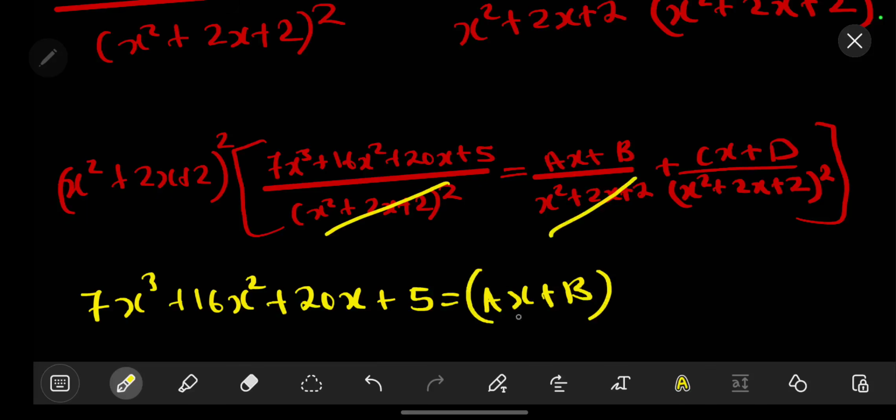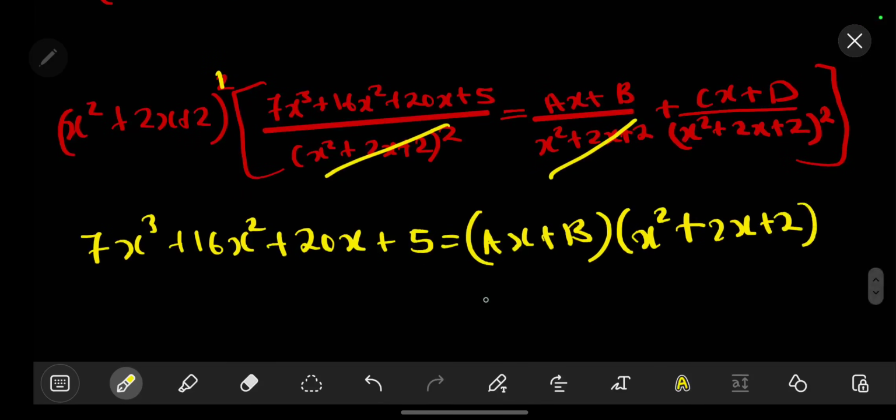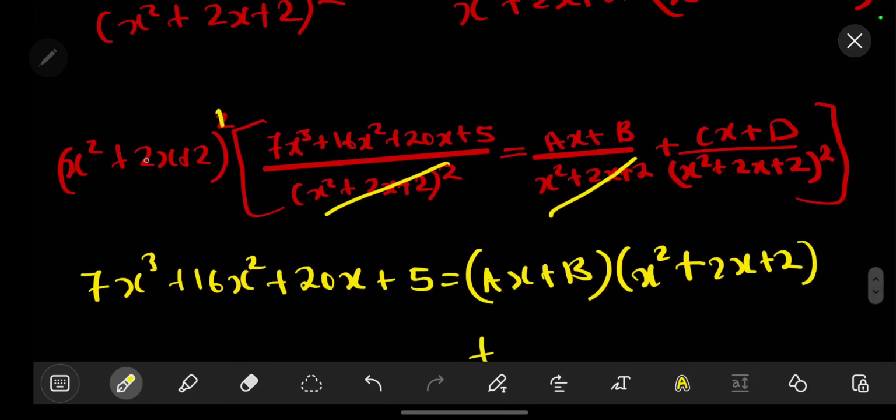Then we are going to remain with x squared plus 2x plus 2 like that. So only one term is going to be cancelled there. Then we have plus, if the power here is 2, it will cancel together with this.